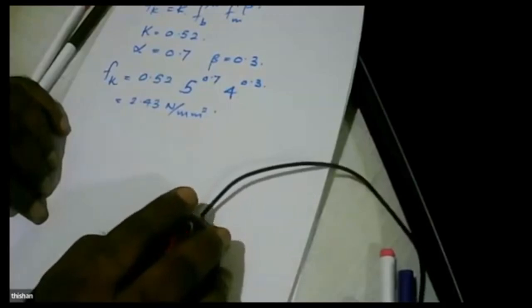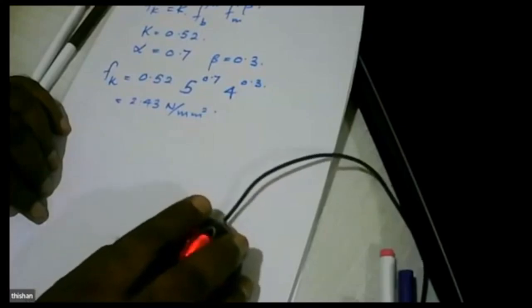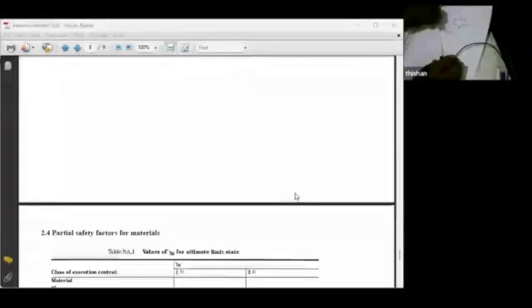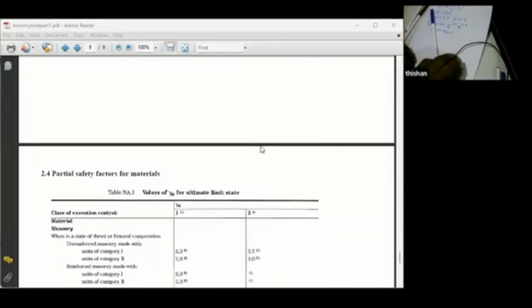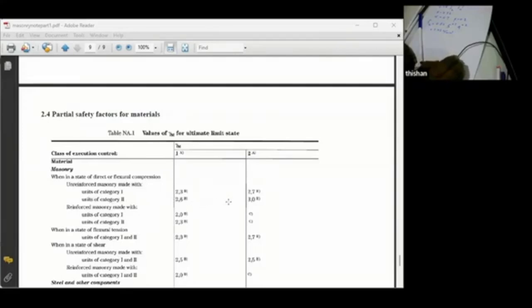Now I'm going to share the screen again. So if you look at another important parameter, for the state of direct or flexural compression, unreinforced masonry made with units of category 2, we can have 2 gamma m values.